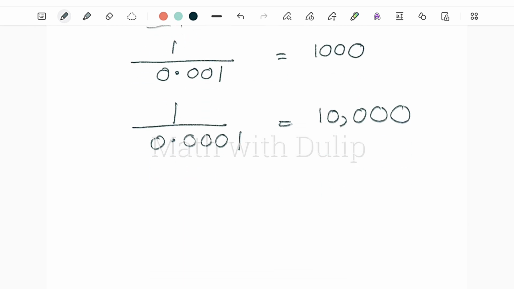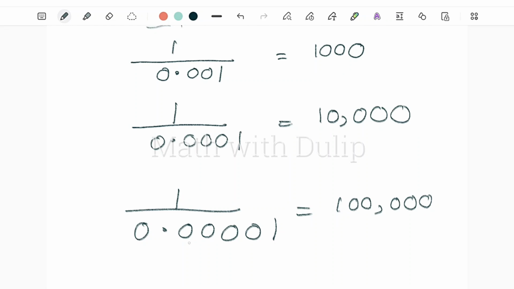So look at this one, when the bottom is 0.00001, it becomes 100,000. So when the bottom becomes smaller, the answer becomes higher, right? It means that when it reaches 0, this goes to infinity.